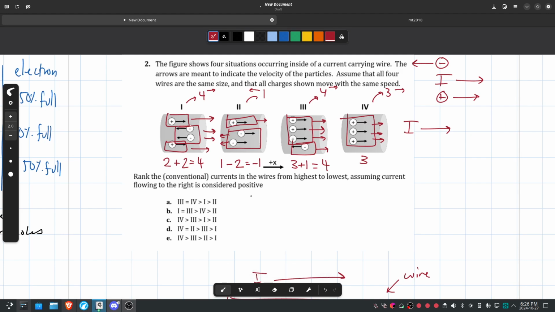So 1 is equal to 3. They're both 4, which is greater than 4, which is greater than 2. And we look here, it's number B. 1 is equal to 3, greater than 4, greater than 2.